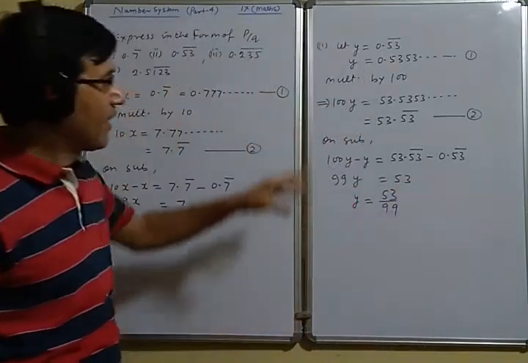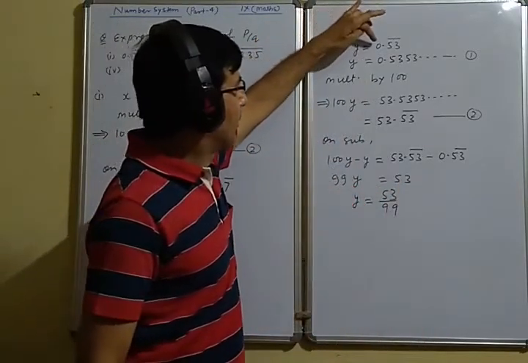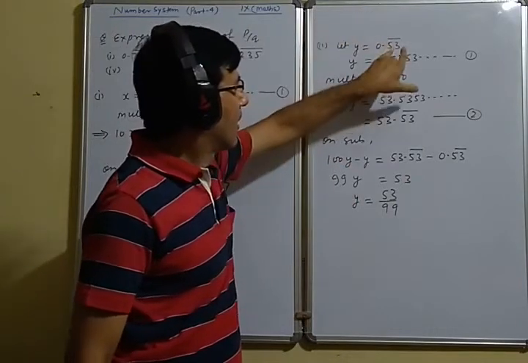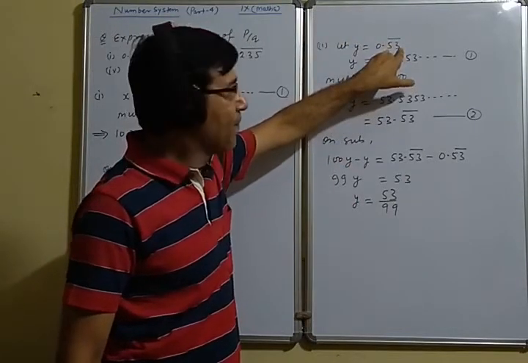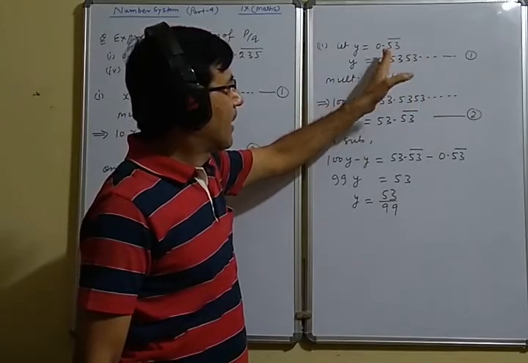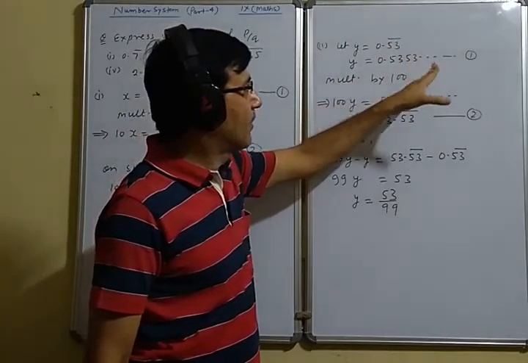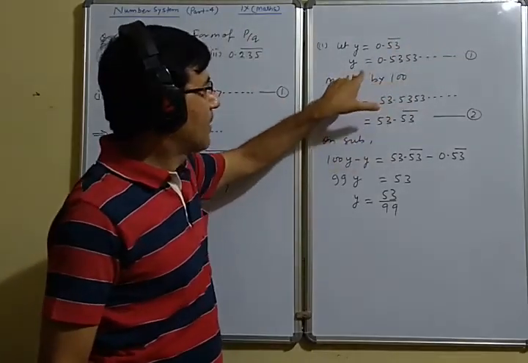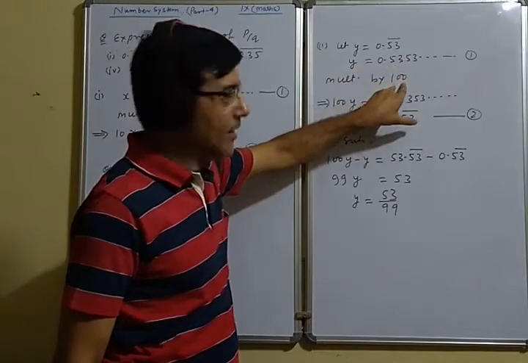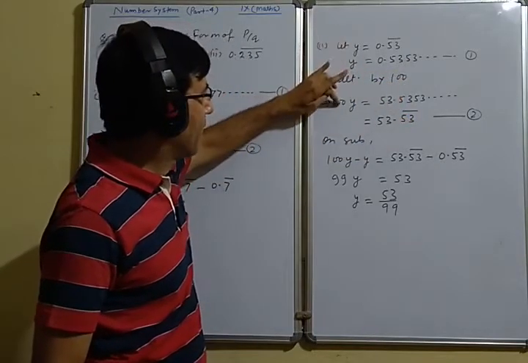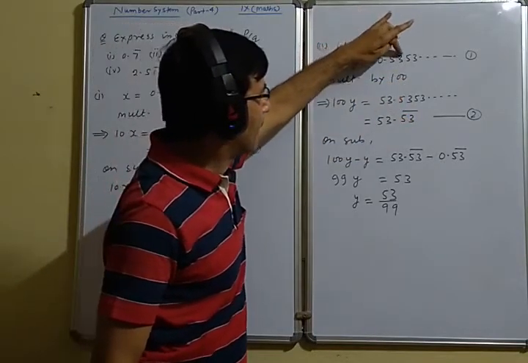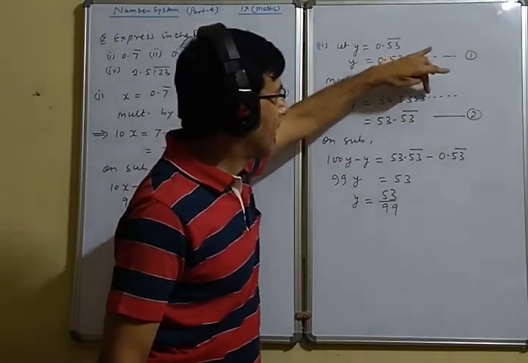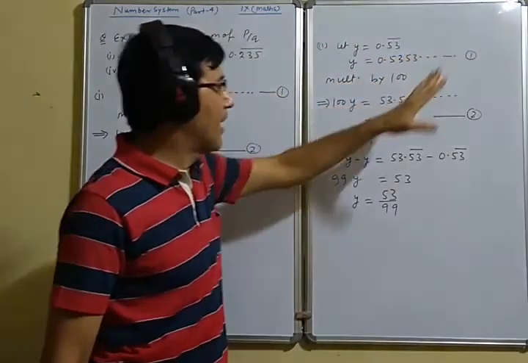Once again, let us see. y is equal to 0.53 bar. Repetition of 2 digits, so what can we write? 53, 53, 53 and so on. That's why we multiplied by 100. So it becomes 100y, which is 53.53, 53 and so on up to infinite.